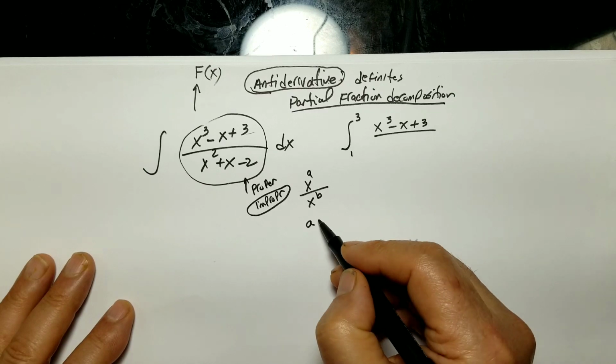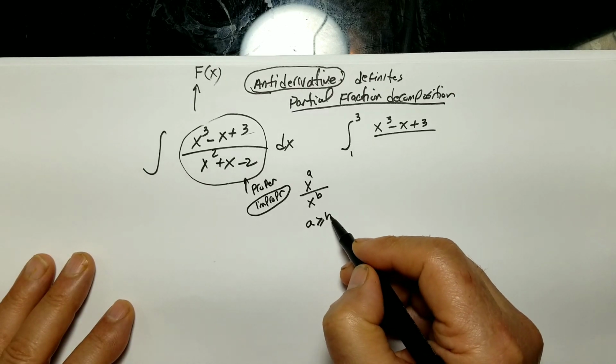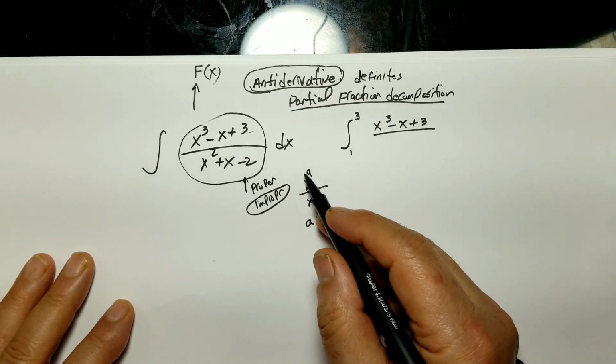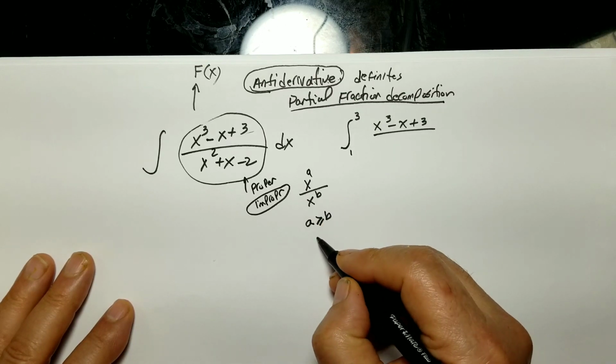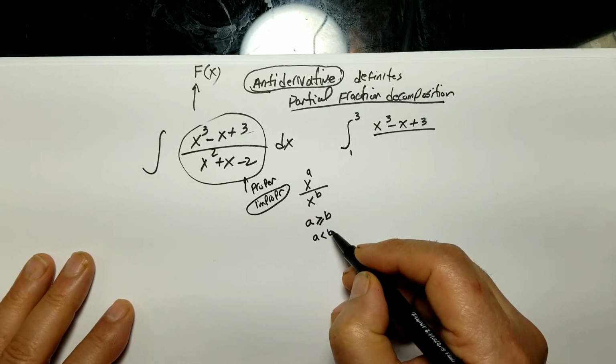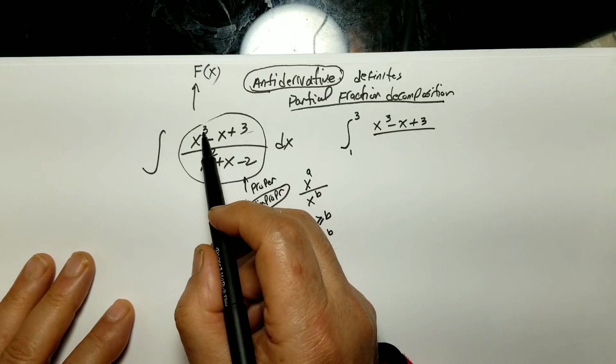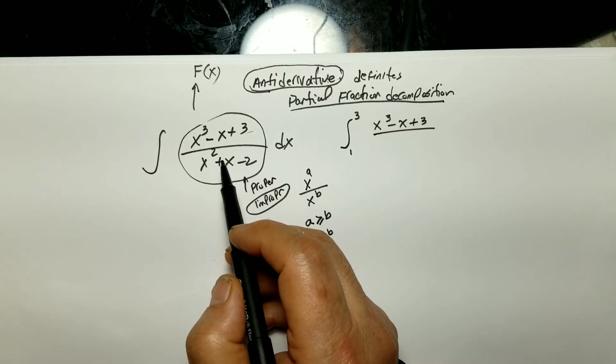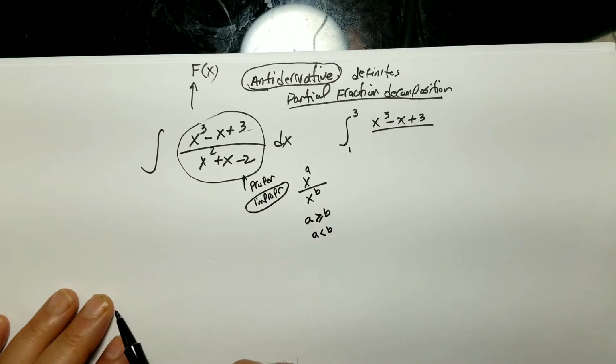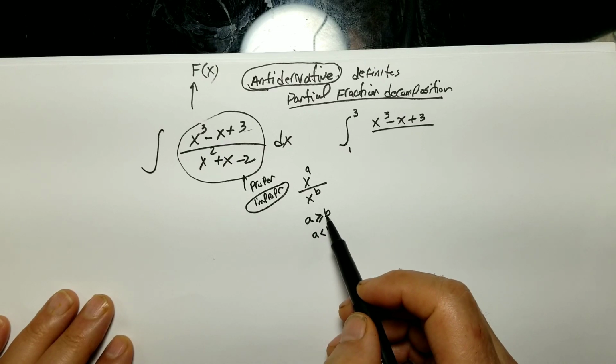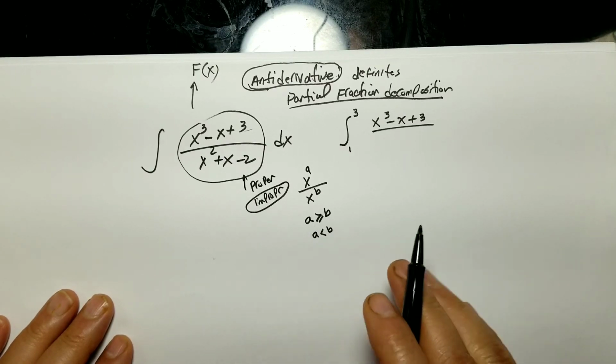Therefore, if A is greater than or equal to B, this is called improper. But if A is less than B, it's called proper. Well, here A is 3. Sorry, B is 2. And A is greater than B, so that's improper.